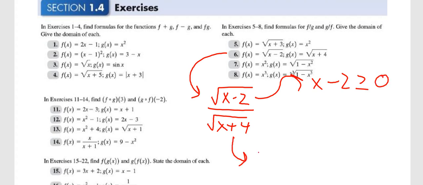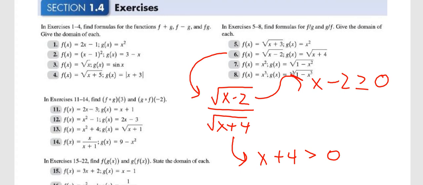And then here we've got x plus 4 has to be greater than or equal to 0, but that happens to be in the denominator of a fraction. Which means what? It can't equal 0. We just lost the equal to part. Gone. Because it's in the denominator of the fraction.